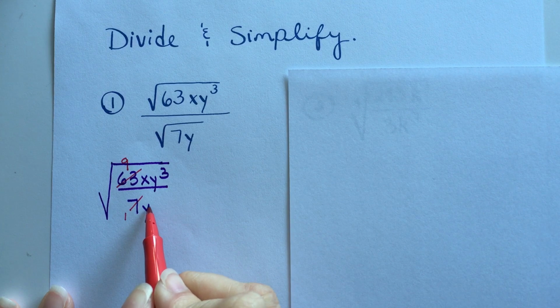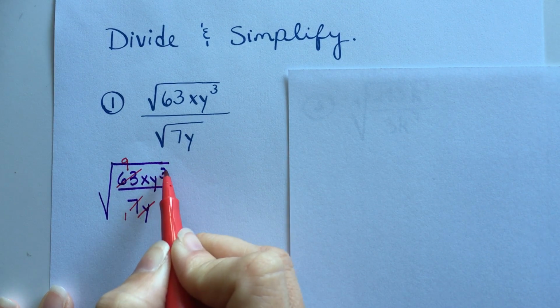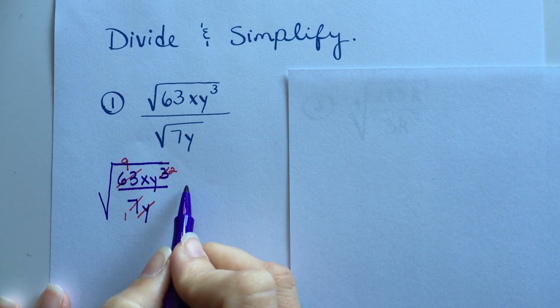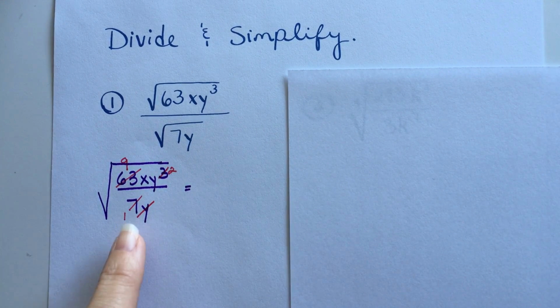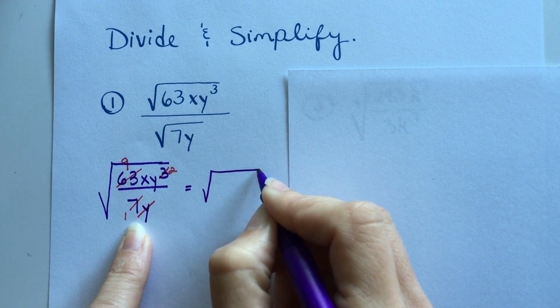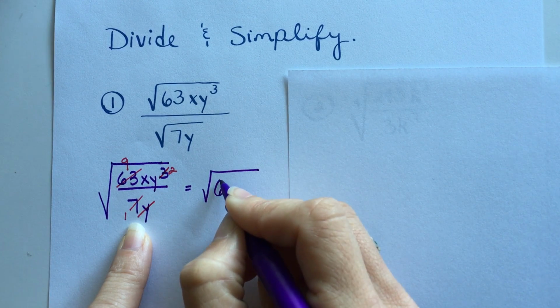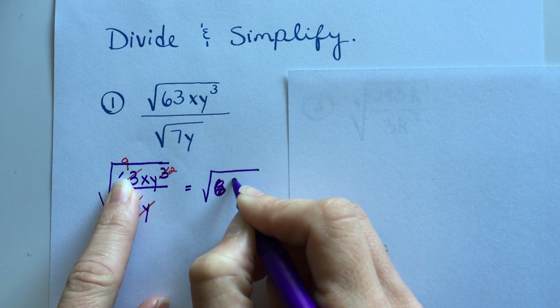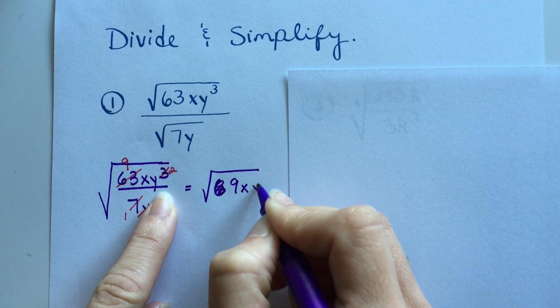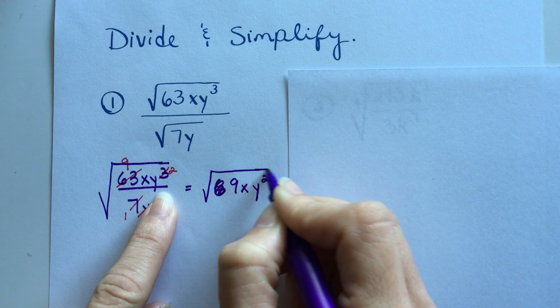The y that you have here on the bottom, this one y, will cancel one of these, which means now you're only going to have two of them left on the top. Okay, so let's write down what we've got. If you notice, the only thing I'm left with in my denominator is just a 1. So if that's all you have left in your denominator, remember, you don't have to write it. So you're just going to have the 9, and then the x, and then the y squared. Okay?